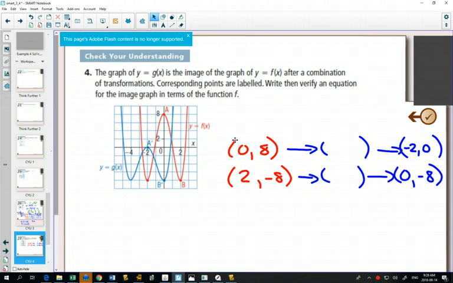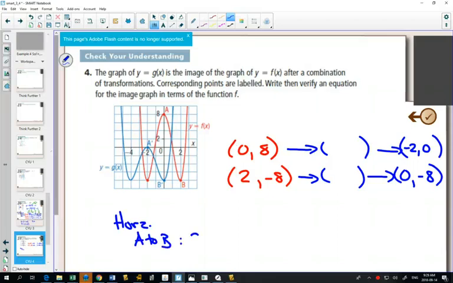And so we introduced a technique in the last example where we started by comparing horizontal and vertical distances in the original graph and the image graph. So if we look first at our horizontal distances, from A to B is a distance of 2 horizontally.